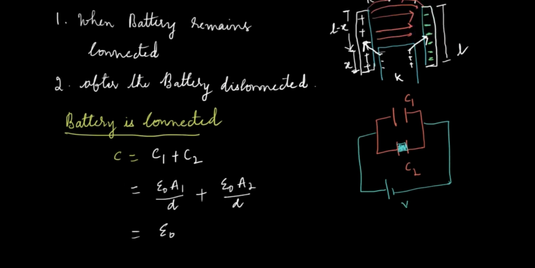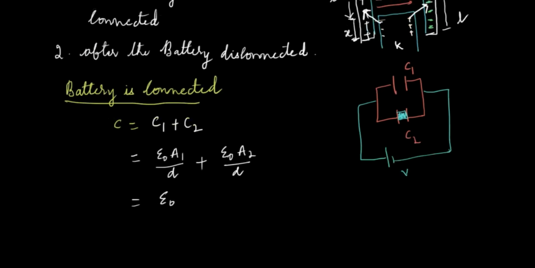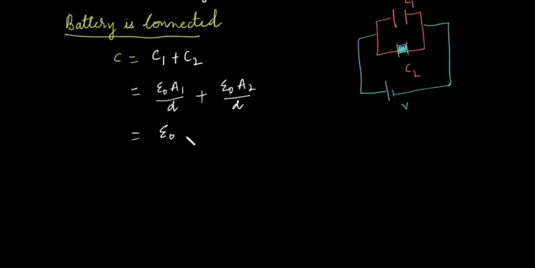What is A1? The area is L minus x into the width. The width of that plate is B. So epsilon naught L minus x into B is A1.